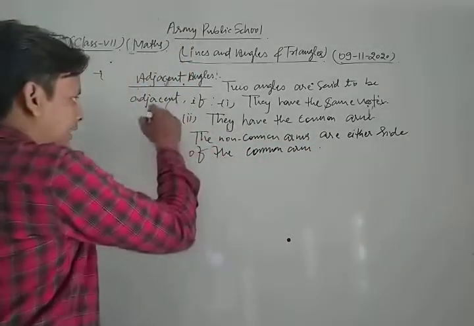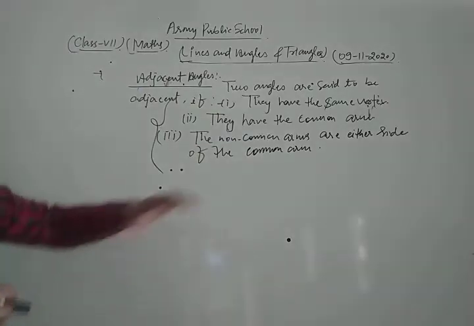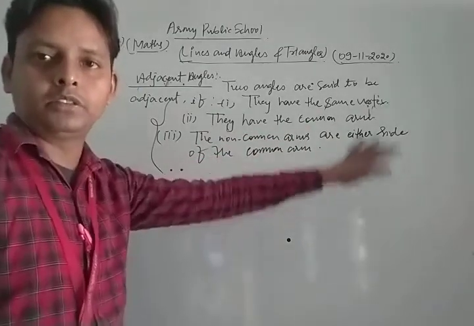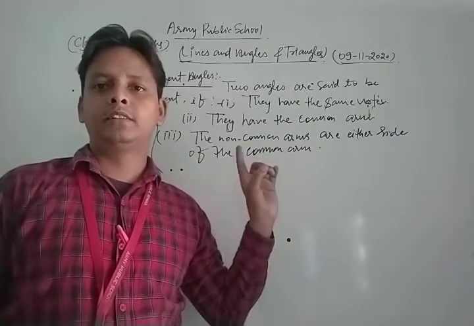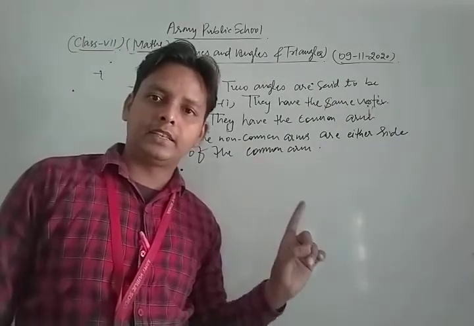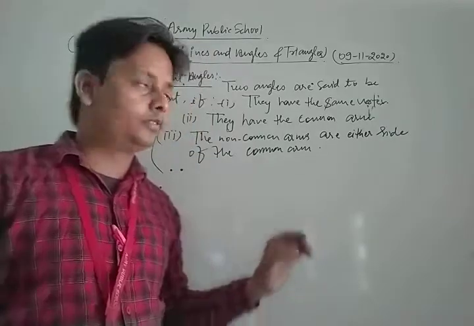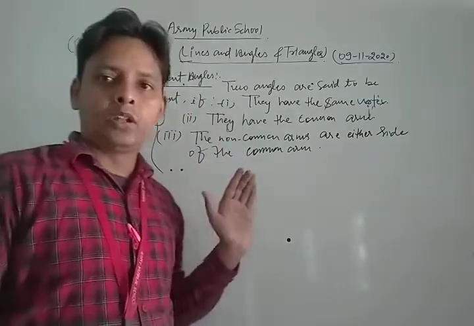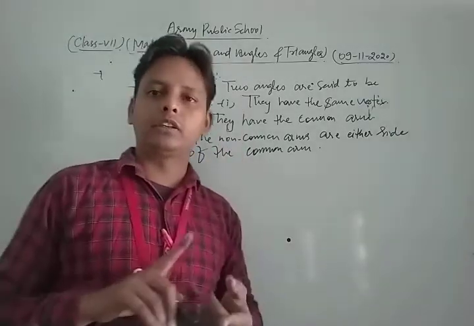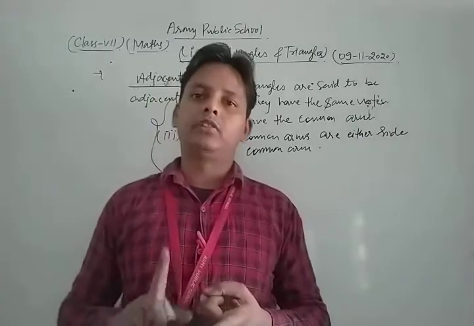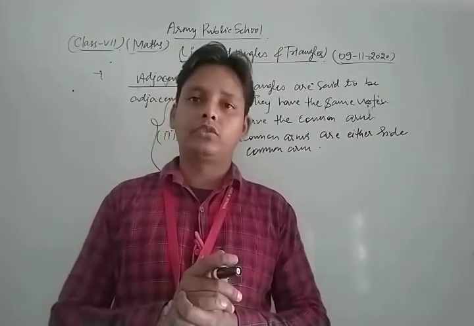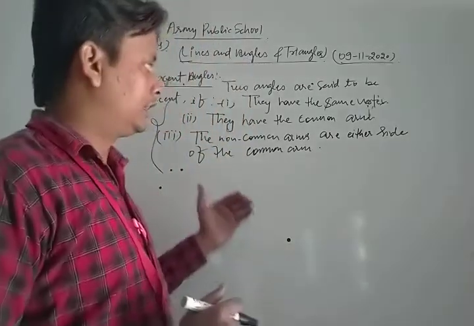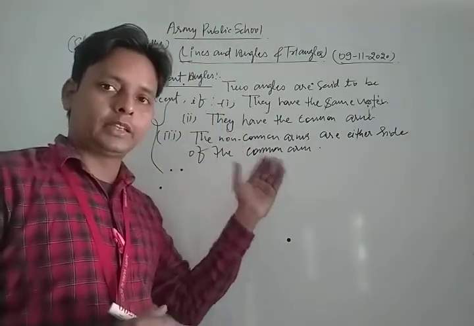Okay, there are three necessary conditions for adjacent angles. So two angles are said to be adjacent if and only if they follow all three properties, means they have the common vertex, they have the common arm, and the non-common arms are on opposite either sides of the common arm. Now we clear the concept of adjacent angle with the help of a diagram.